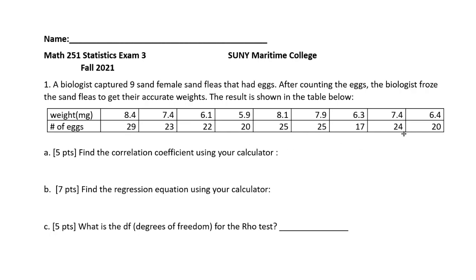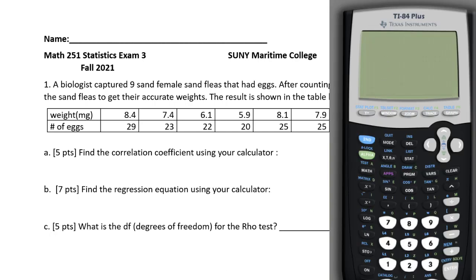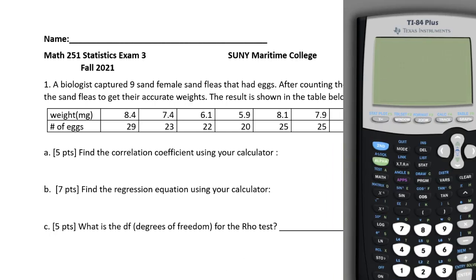Okay, so first find the correlation coefficient using your calculator. What you need to do is to put all these numbers into the calculator by first turning it on. First, stat, and if you edit, it allows you to edit the lists.